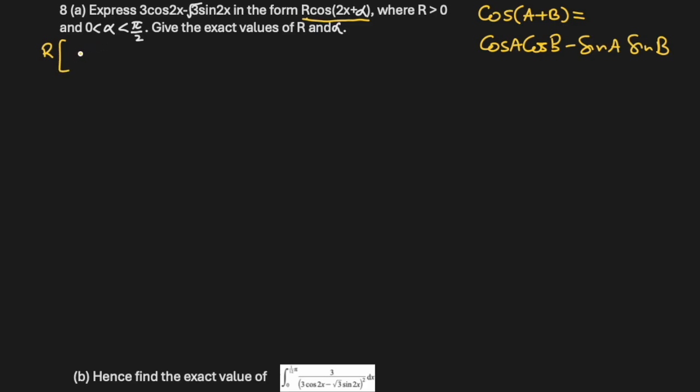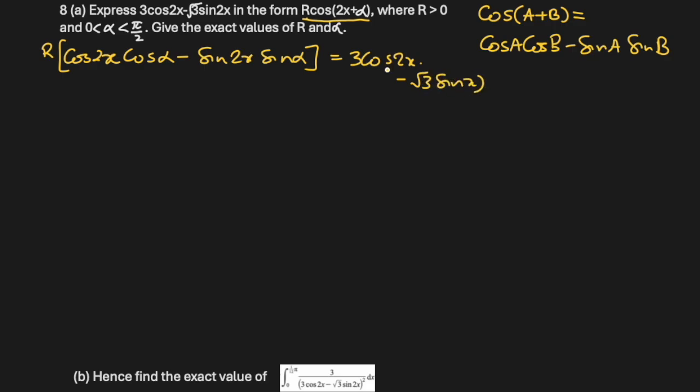So r remains out and it becomes cos 2x cos alpha minus sin 2x sin alpha, and it is equal to 3 cos 2x minus square root 3 sin 2x. Okay. So if I multiply this r with each one of them and compare with this, what will that give me?